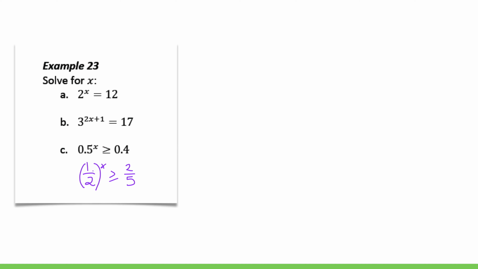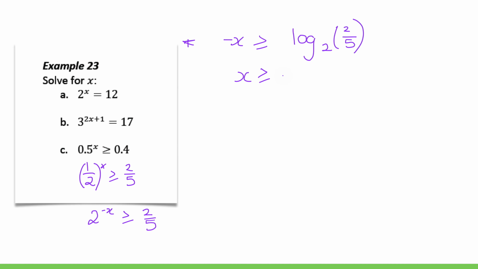Now 1 half can be rewritten as 2 to the power of negative 1. So now when I take the log, so when I'm taking it to the other side, I'm just going to continue up here, that will end up being negative x, and that will be log 2 of 2/5. And then to get that negative by itself, I'm just going to divide both sides by negative 1.